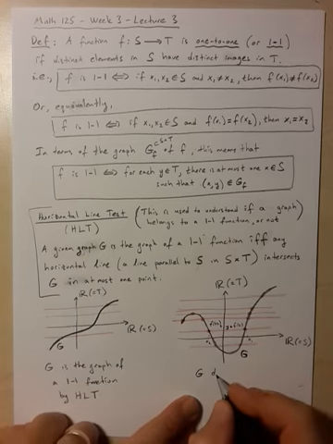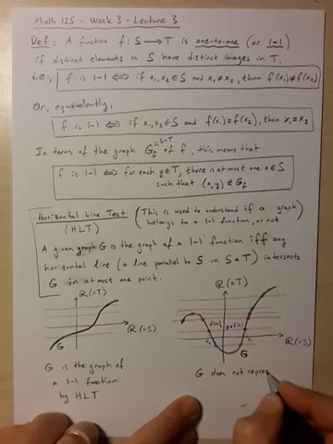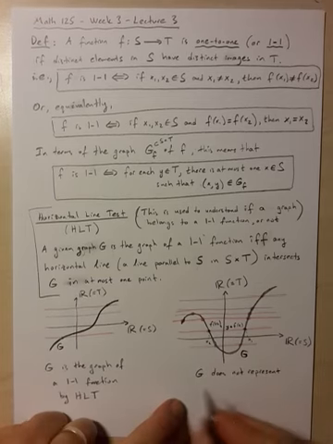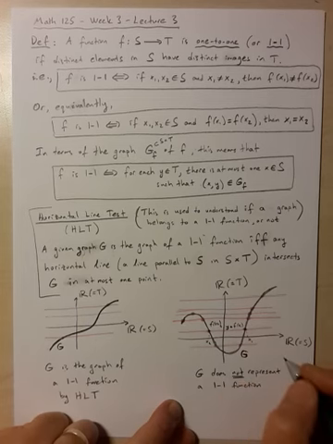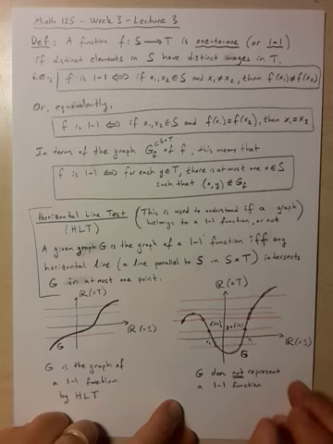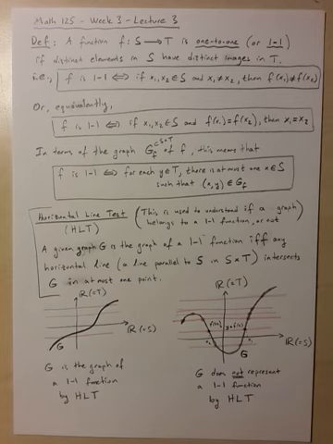It does not represent a one-to-one function. Yes, it is definitely a graph, but it is the graph of some function which is not one-to-one. So G does not represent a one-to-one function, again by HLT. So this is how we can apply this horizontal line test.